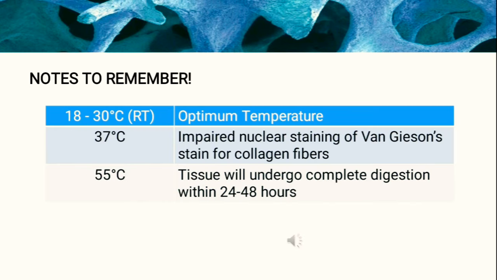As for temperature, 18 to 30 degrees Celsius or room temperature is the optimum temperature for decalcification. At 37 degrees Celsius, it can cause impaired nuclear staining of Van Gieson stain for collagen fibers. And at 55 degrees Celsius, the tissues will undergo complete digestion within 24 to 48 hours.